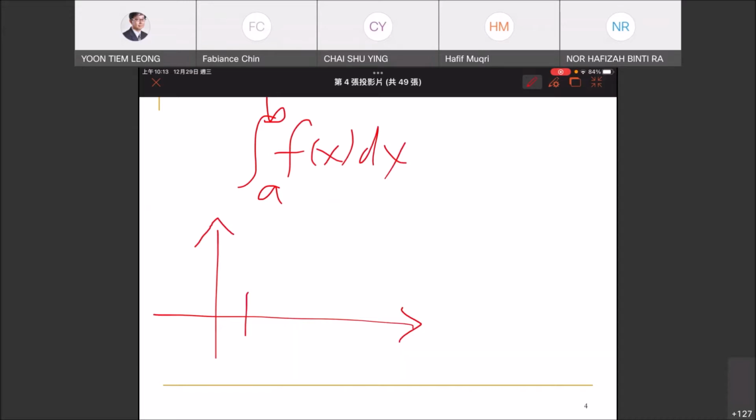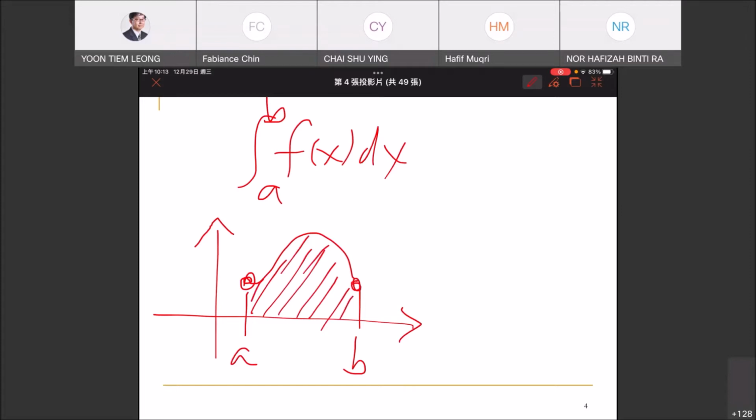So if you have a function that is defined continuously between a and b, such as like this, then you can try to calculate the area under the graph. The area under the graph is just given by the definite integral of the function y equals f(x). So this sketched area represents the area given by the definite integral.